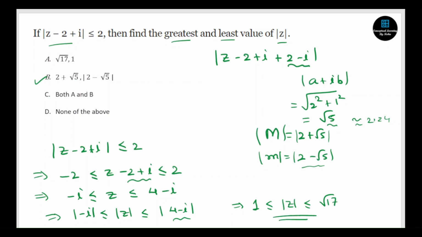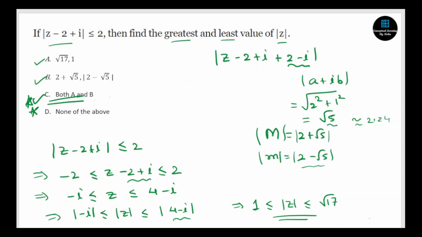So my answer is A also, the greatest and the least value. So what I can say, it is both A and B. So very important thing. Okay. So I hope you understood this trick. Just practice some questions on your own and you will be pro at solving this type of question.